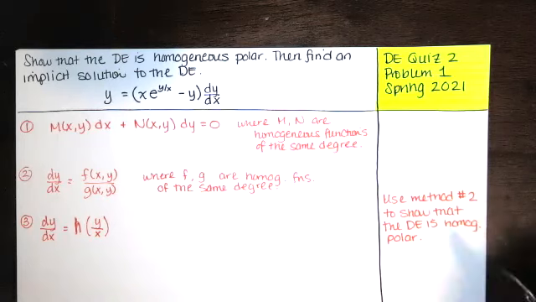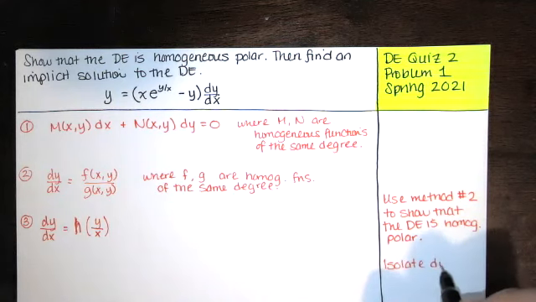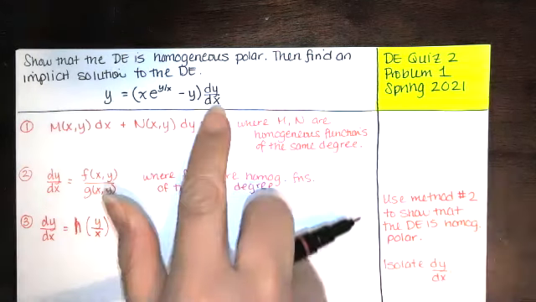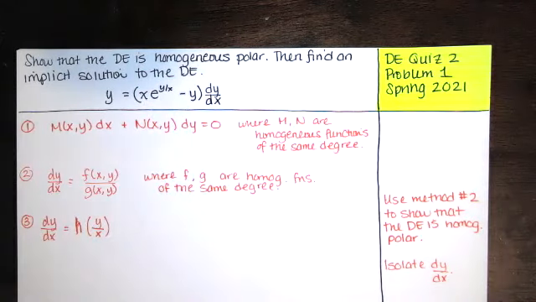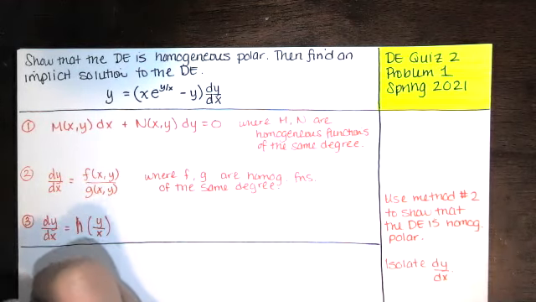And that requires getting dy/dx by itself, which isn't too bad. It's just multiplied by this function of x and y. So let's just divide both sides of the differential equation by that function of x and y.